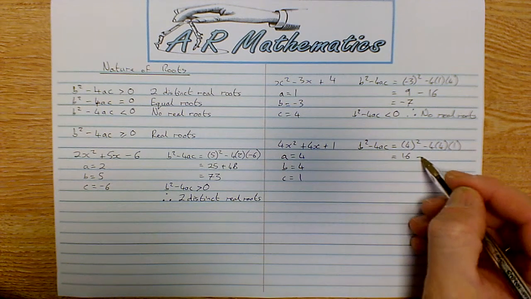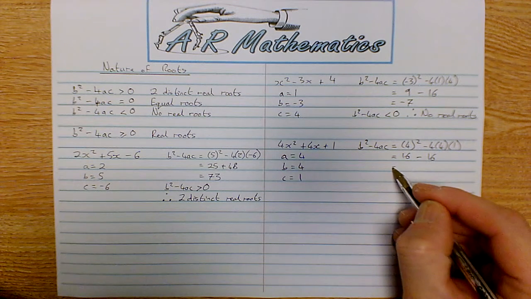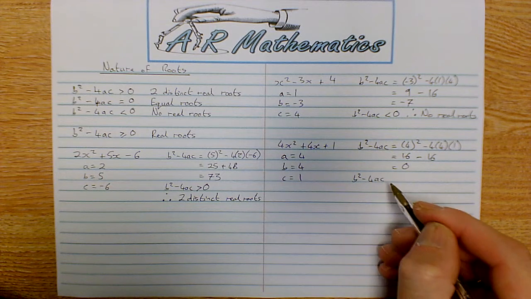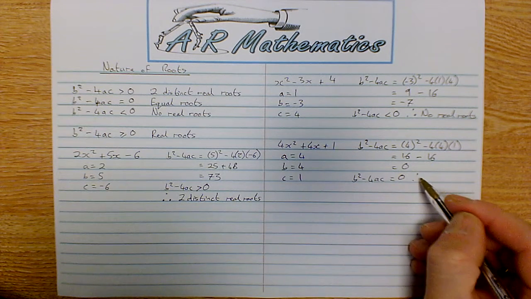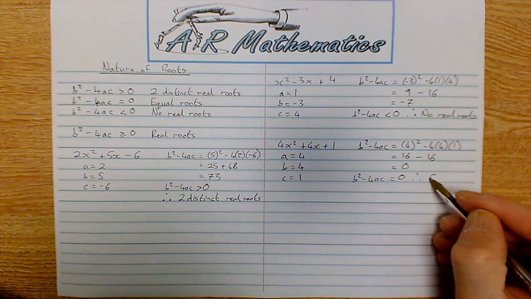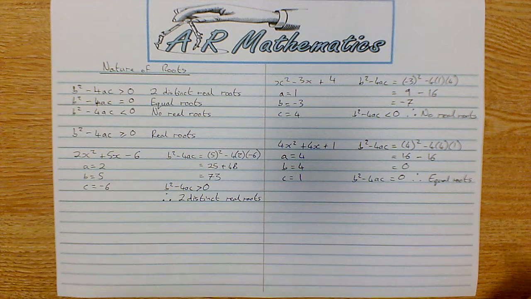That gives us 16. Take away 4 times 4 times 1, which is 16. So we get 0. So we can say that b squared minus 4ac equals 0. Therefore, if they're equal to 0, we have equal roots. And that is how we determine the nature of the roots of a quadratic.